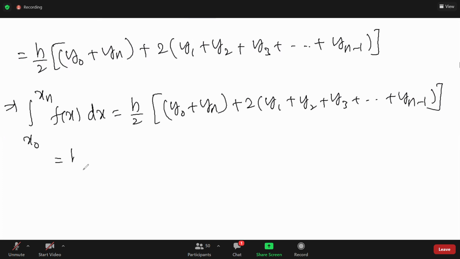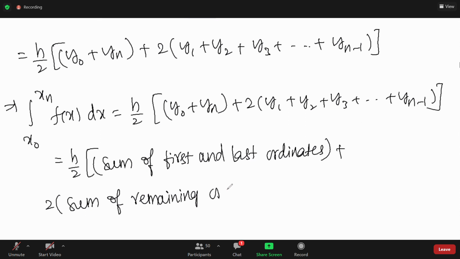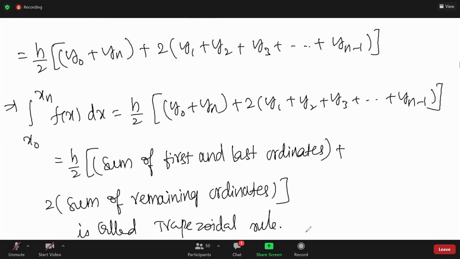This also can be written as h by 2 into the sum of first and last ordinates plus 2 times the sum of remaining ordinates. What is meant by ordinate? Ordinate is nothing but the y coordinate. It is called the trapezoidal rule.